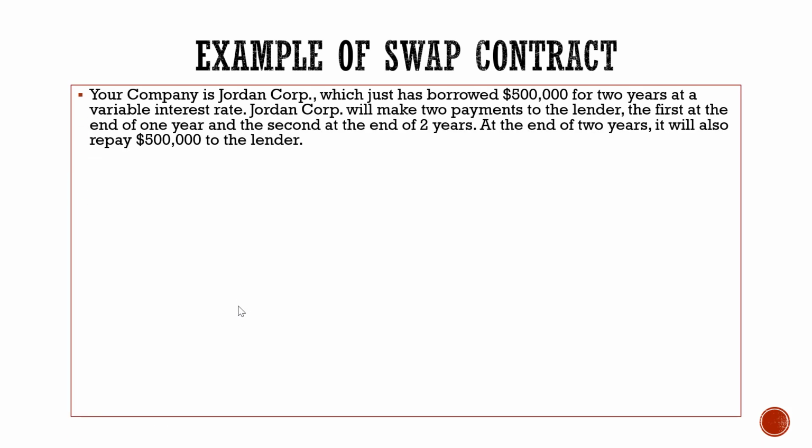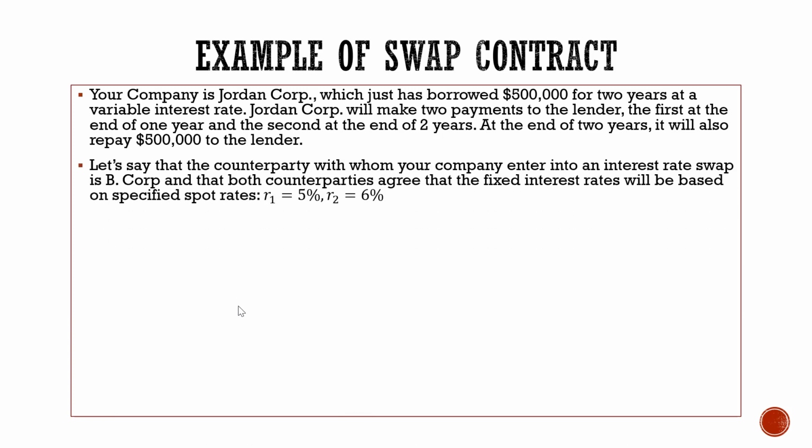Example of swap contract. Suppose your company is Jordan Corporation, which has borrowed $500,000 for 2 years at a variable interest rate. Jordan Corporation will make 2 payments to the lender, the first at the end of 1 year and the second at the end of 2 years. At the end of 2 years, it will also repay $500,000 to the lender.